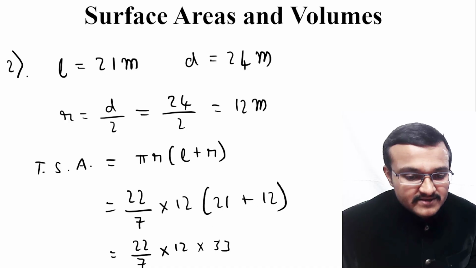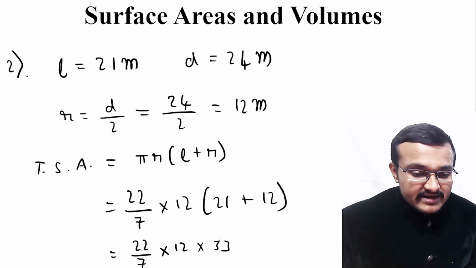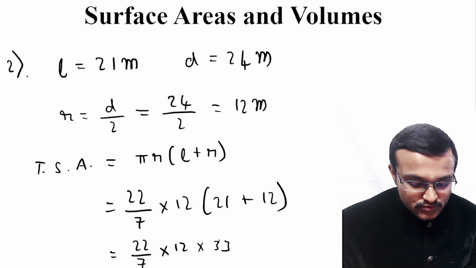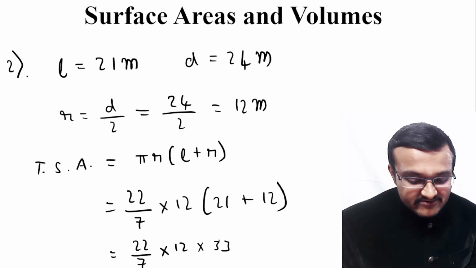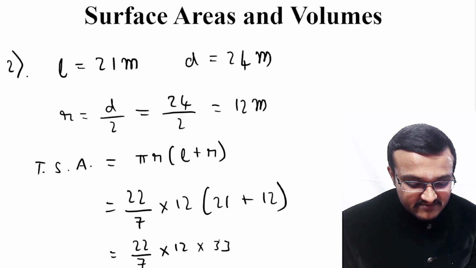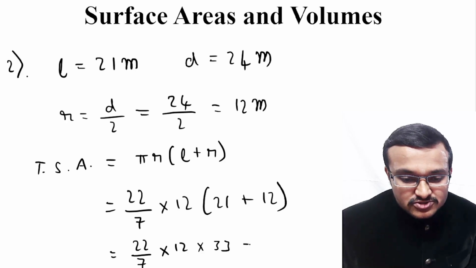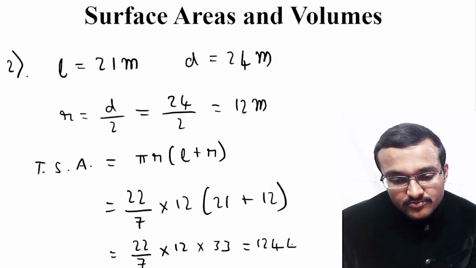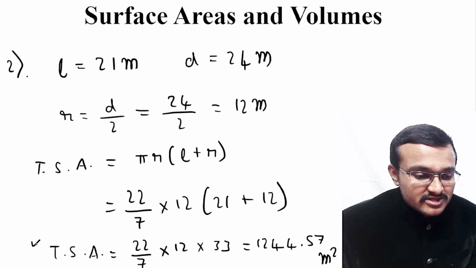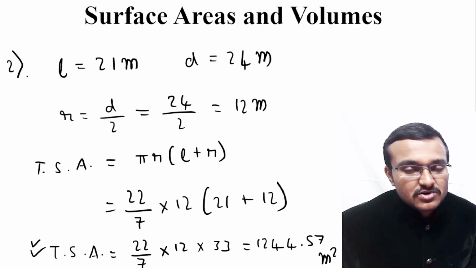Now you can calculate this. 22 into 12 into 33 will give you 8712, divided by 7 will give you 1244.57. So 1244.57 meter square is the total surface area of this right circular cone.